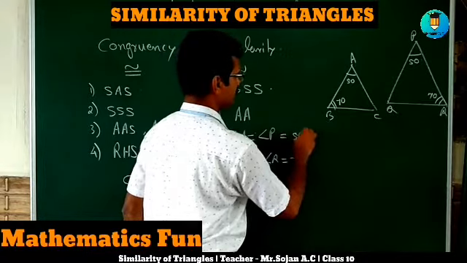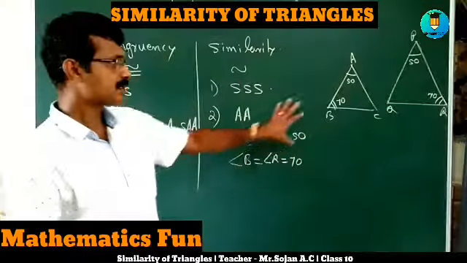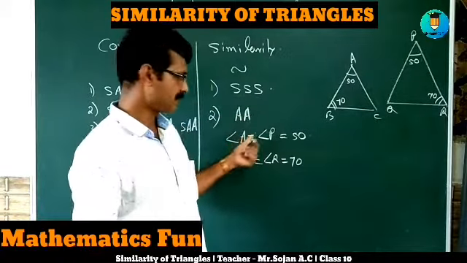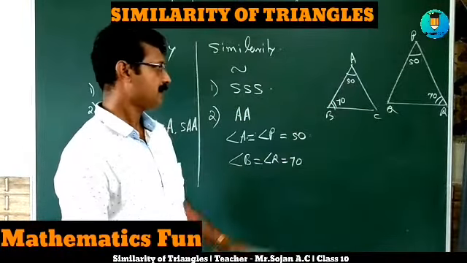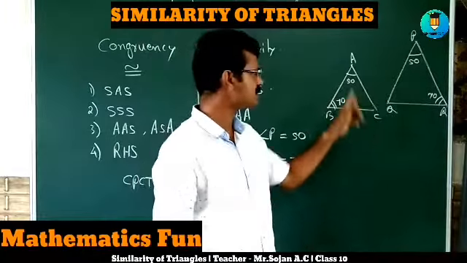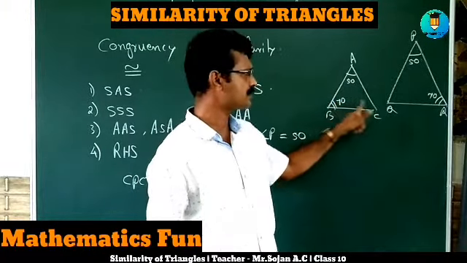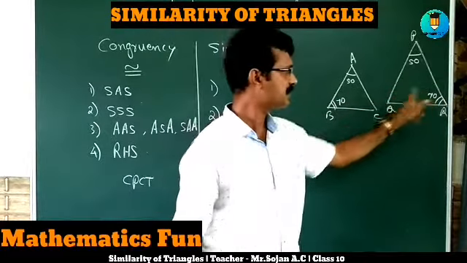Here both were 50. So we got two angles equal. Now naturally, if you check, the other angle will be equal. This is 70 plus 50, 120, so this is 60. Here also if you check, it will be 60.